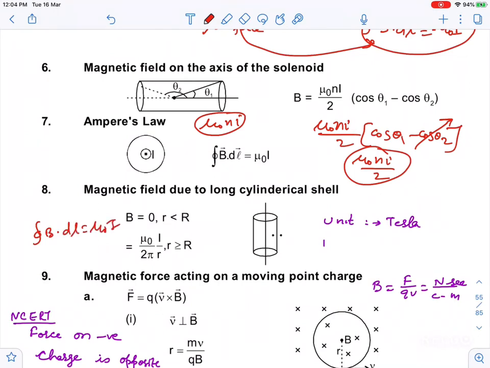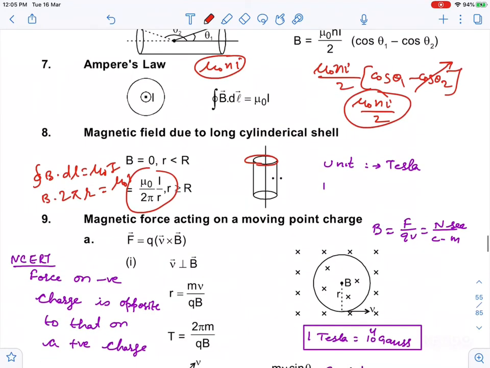Like for this cylinder, if you are writing integration of B dot dl is equal to mu naught into I, you will say that the length is 2 pi R, integrated throughout, equal to mu naught I. So you can write B is equal to mu naught I by 2 pi R, which I have written here if r is greater than R.